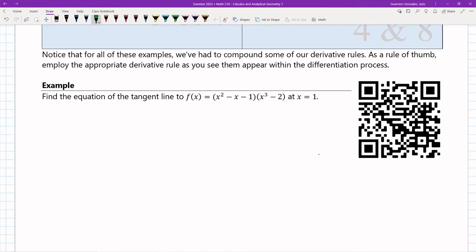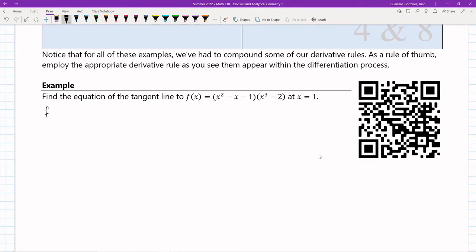Now I'm going to find the equation of a tangent line to f of x, that very first example, at a specific point, x equals 1. The way that I'm going to do that is I'm going to use my derivative rule again. I'm going to use the product rule here.